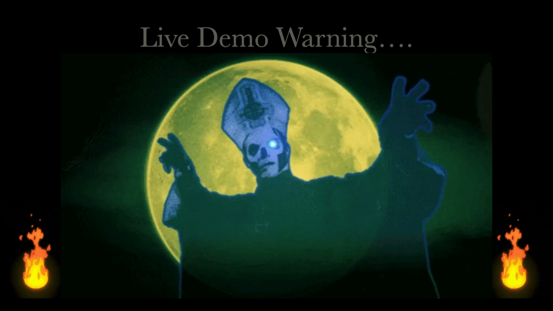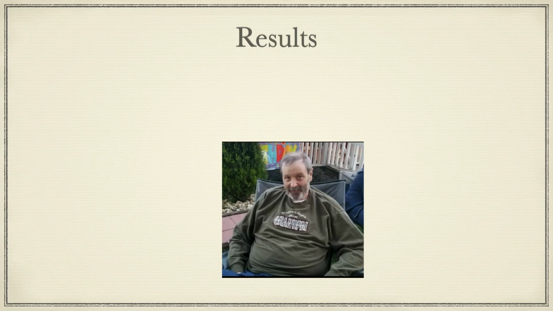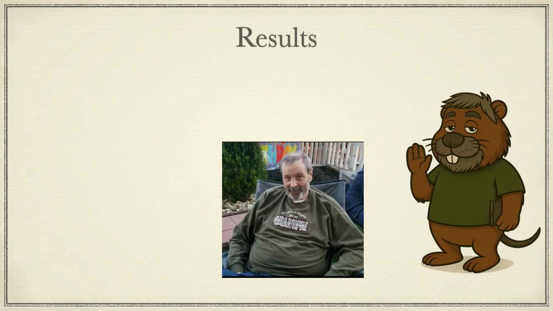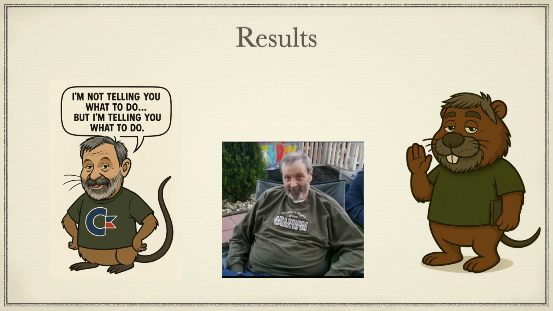Come on. There we go. Sorry, I clicked one time too many. There we go. Not telling you what to do, but I'm telling you what to do. My dad used to tell me that forever. I don't remember telling it this, but at some point it just created this rat-like guy and put it up there.